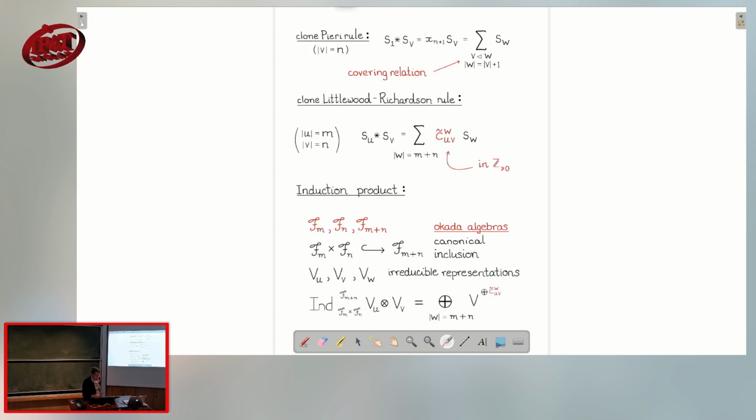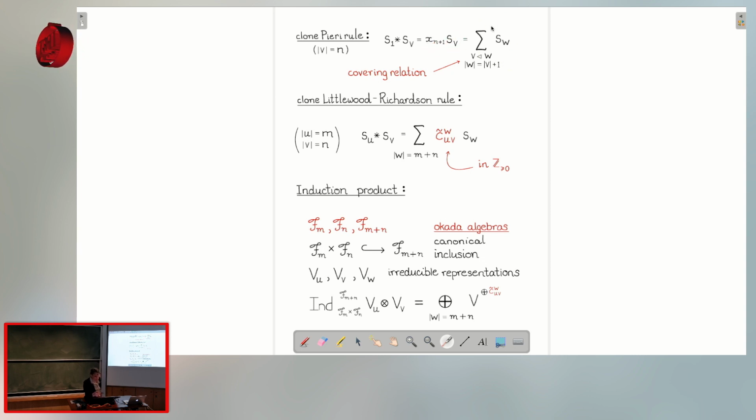Okay, and then we have analogous Pieri and Littlewood-Richardson rules. If we do the shifted product with the simplest non-trivial clone Schur function, S_1, that's of course the same as just multiplying, in the usual sense, by x_{n+1} against S_v.